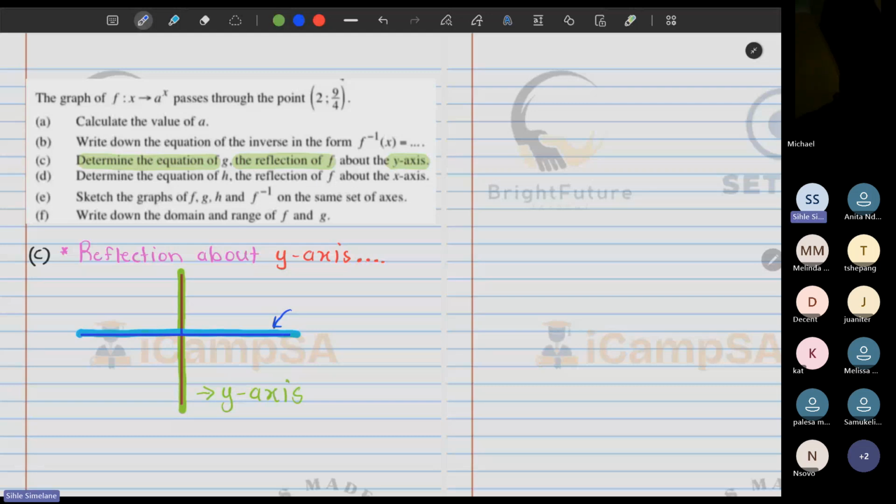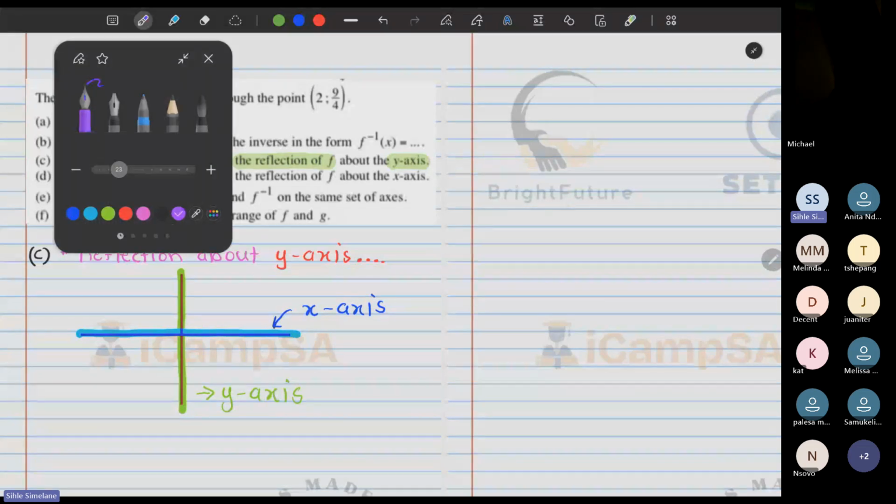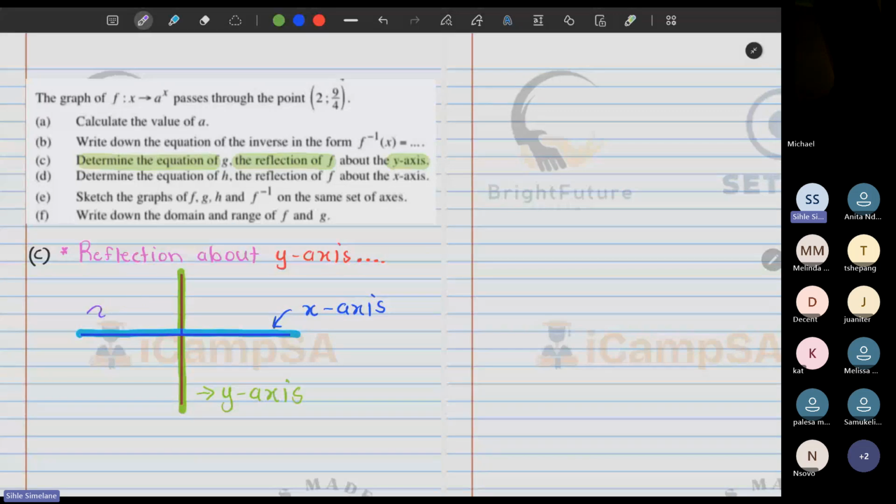Okay, so let's have a look at what is happening. So the blue axis, guys, this is what you call your x-axis. And this will be important because they are saying we should make our reflection to be about the y-axis. So understanding what difference that makes is important. So if I have a function, I need you to think carefully now. If I'm reflecting something about the y-axis, let's say something is like that.